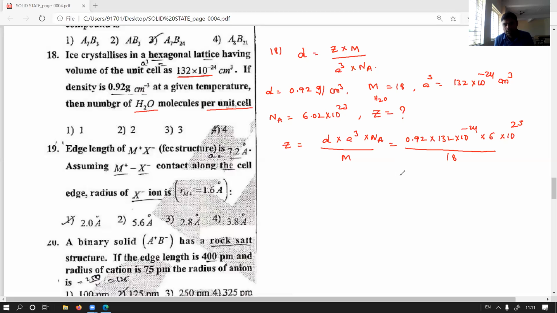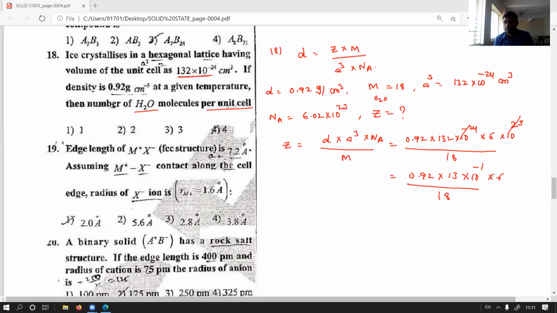On simplification, 10 to the power of minus 24 plus 23 gives 10 to the power of minus 1, so 0.92 into 132 into 10 to the power of minus 1 into 6 by 18.